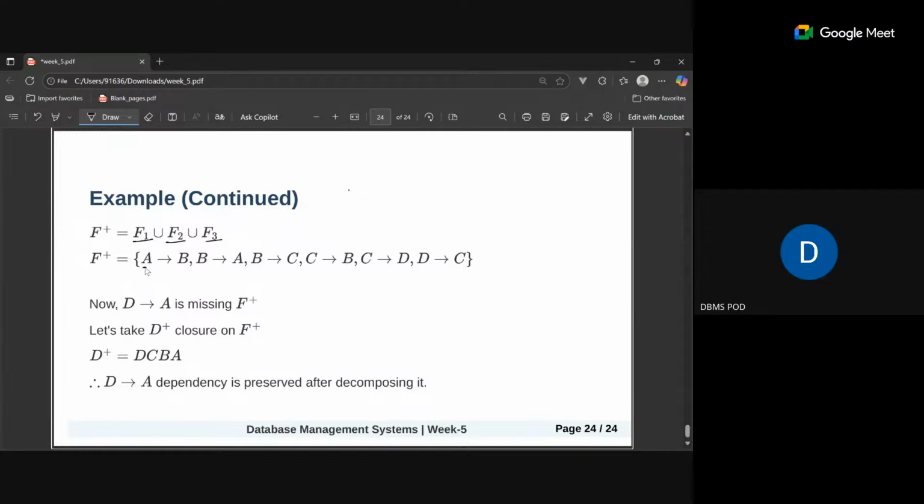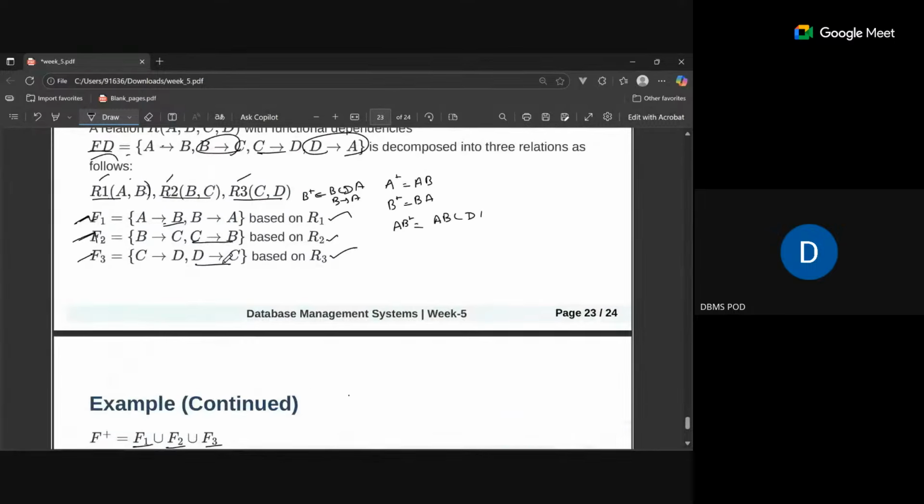If you combine, it will be like this: A determines B and B determines A, B determines C and C determines B, and C determines D, D determines C. What I did is I just combined all three.